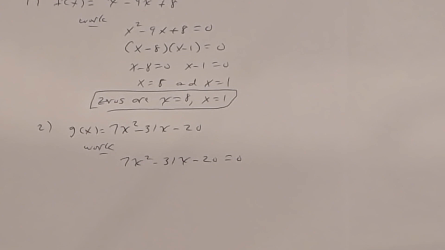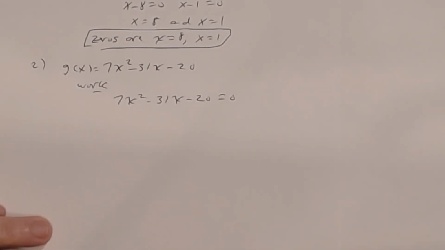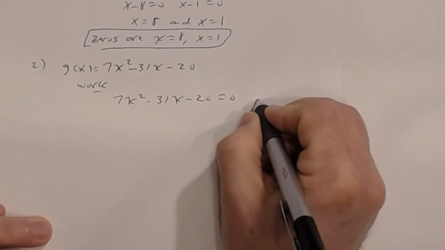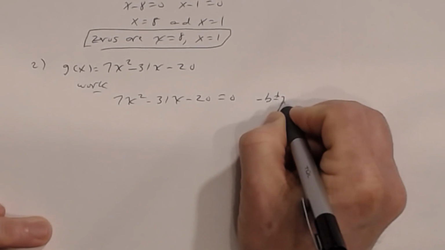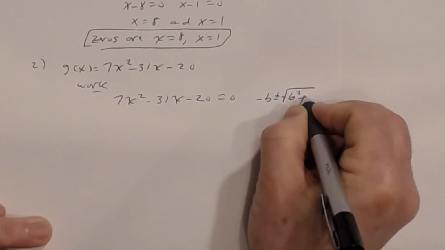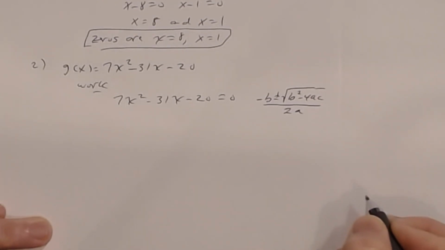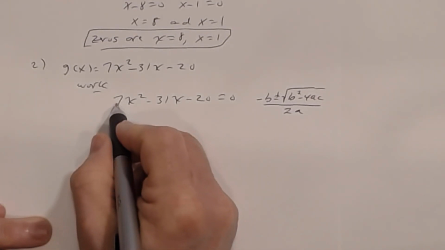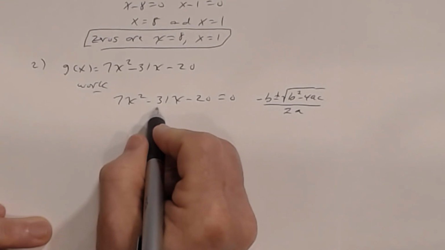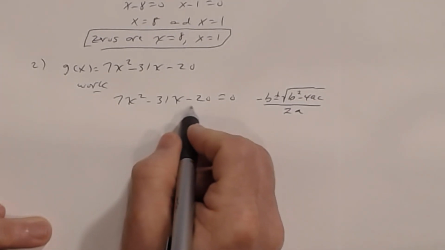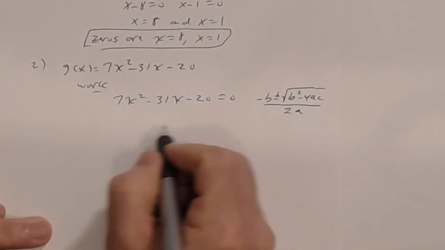Then I'm going to solve this quadratic equation using the quadratic formula. Remember, the quadratic formula is x equals the opposite of b plus or minus the square root of b squared minus 4ac, all divided by 2a. In this case, a is 7, b is negative 31, and c, your constant, is negative 20.